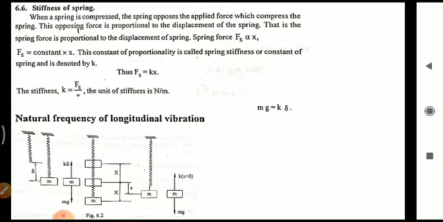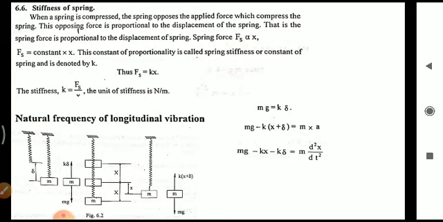So here is our first equation. In the initial case mg is equal to k delta, and we are giving extra displacement x plus delta. This is the total force, that is equal to mass into acceleration, F is equal to ma. Okay.